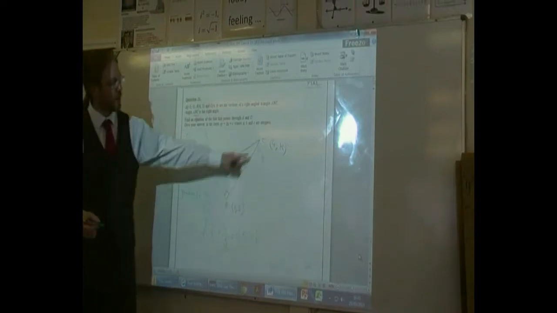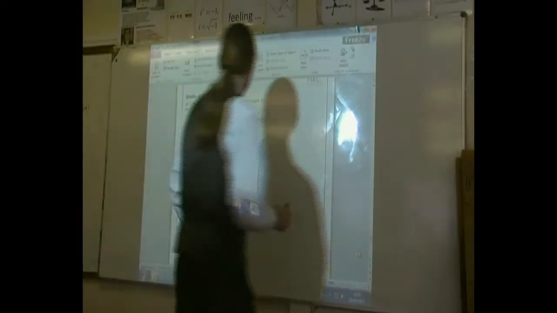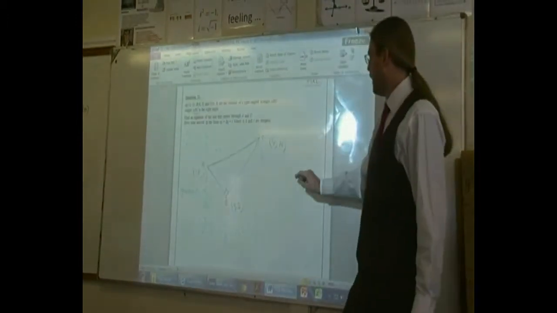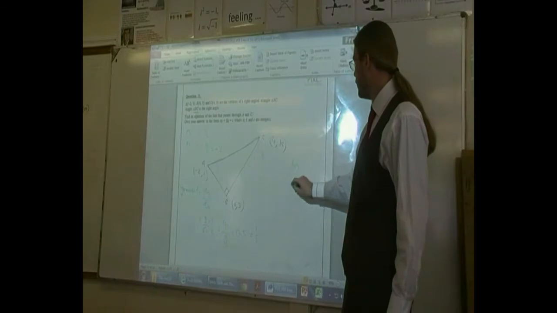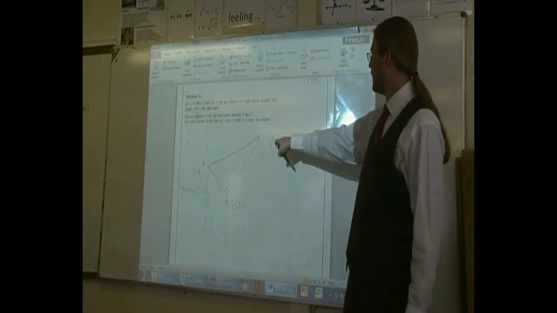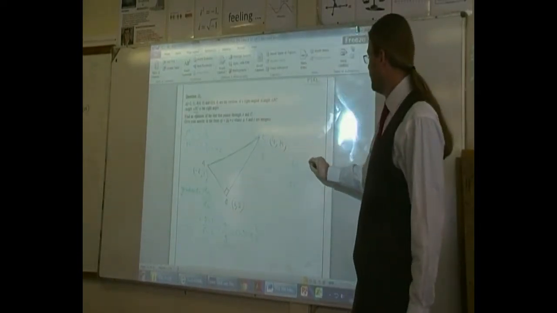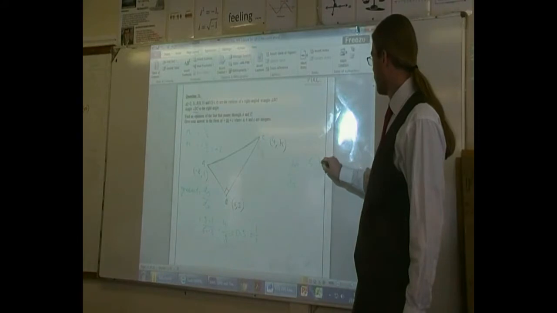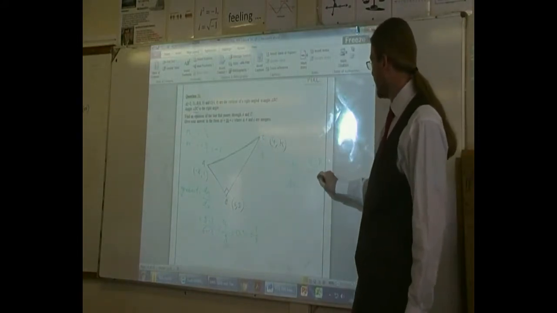Now that we've got that gradient, we can use it to work out k, because if I take the change in y over the change in x, then my change in y is going to be 5 take away k, over my change in x, which is going to be 6 take away 4.